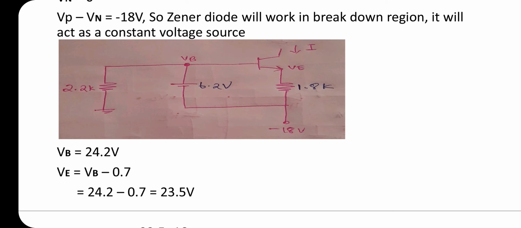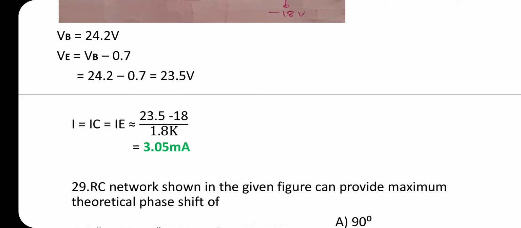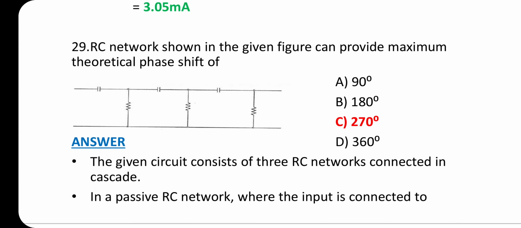Vb equal to 24.2 volt, Ve equal to Vb minus 0.7, 24.2 minus 0.7 equal to 23.5 volt. I equal to IC equal to IE approximately equal to 23.5 minus 18 divided by 1.8K. That is 3.05 milliampere is the correct answer.